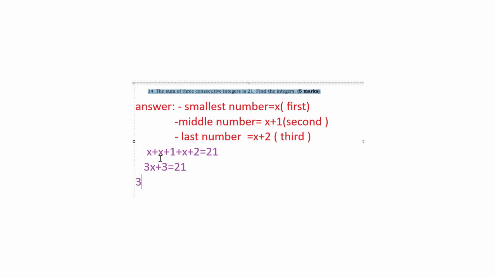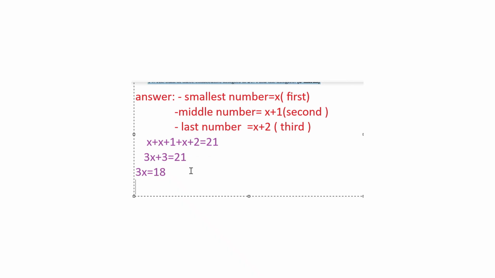So 3x will be equal to 18, which means the 3 comes here and is subtracted from 21. So now x will be equal to 6.